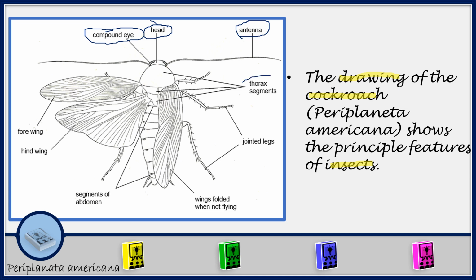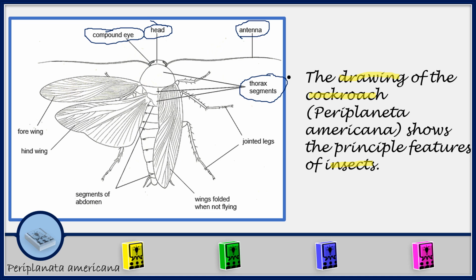And we have the thoracic segment. Thoracic segment is that one which is made up of three parts. We have this part here. This is one part of the thorax, and then there is a second part, and then we have the third segments. These are the thoracic segments near the head.